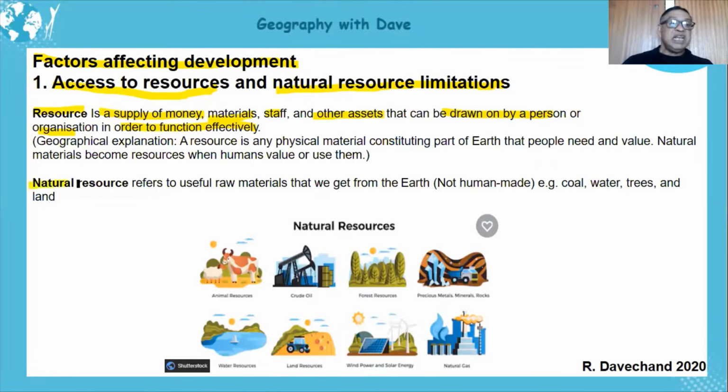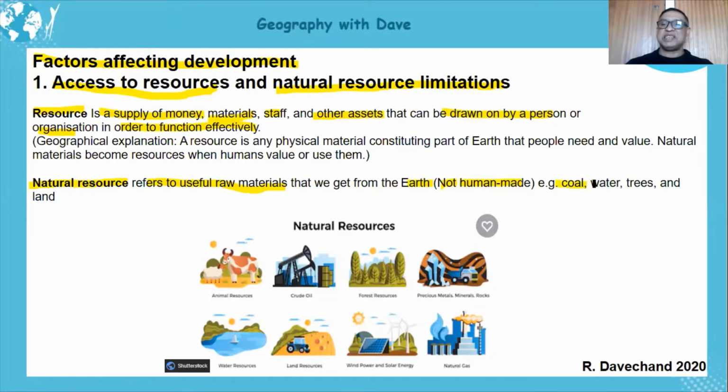What's a natural resource? It refers to useful raw materials. Remember the word useful: it becomes a resource if it becomes useful. Examples we get from the earth. They are not human-made. Remember, the word is human, not man-made anymore. We are not chauvinist.